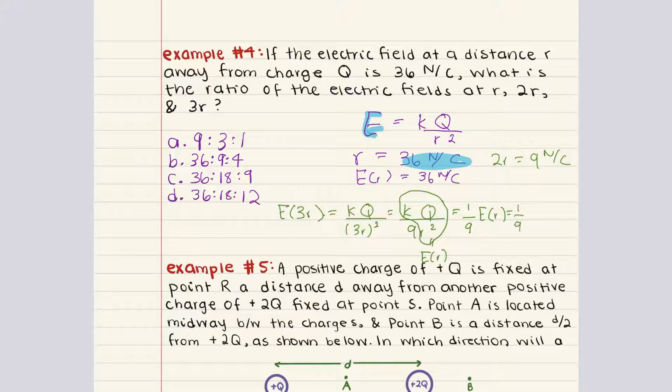This is 1/9 multiplied by 36. This gives us 4 newtons per coulomb. So now we've figured out the electric field at a distance r, 2r, and 3r. It's 36, 9, and 4, which means the correct answer for problem 4 is going to be B.